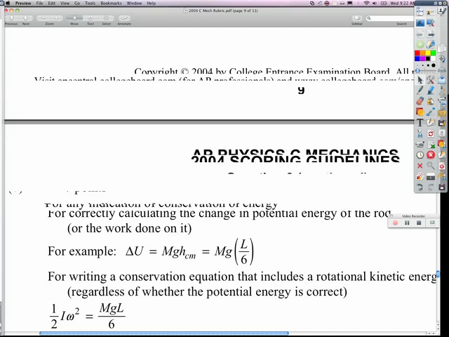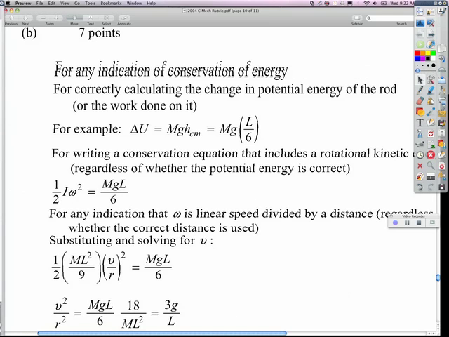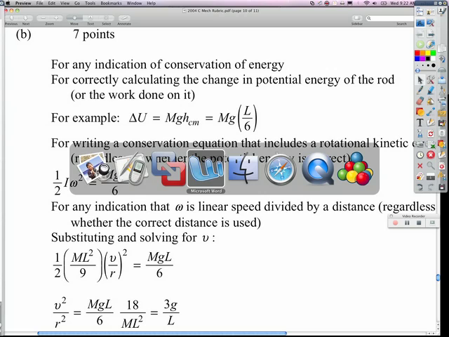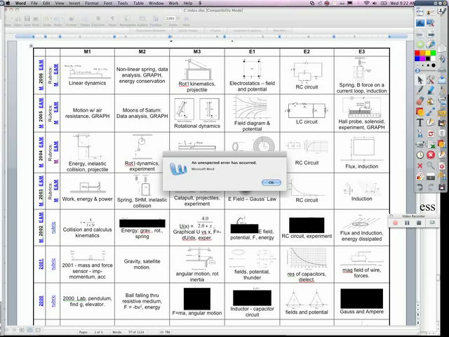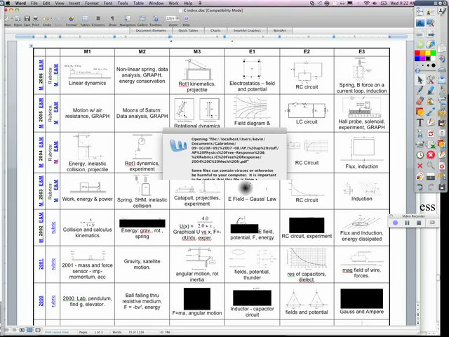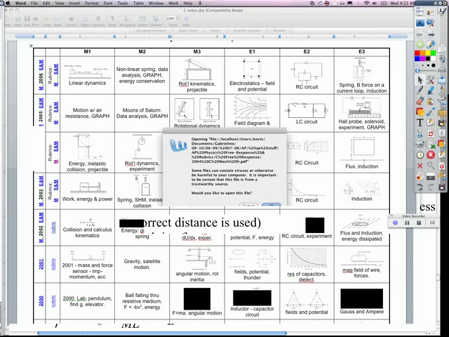We already know from our discussion of part A that the center of mass is 1/6 L from the pivot. Everybody okay with that? So the center of mass can only drop 1/6 L. Does that make sense?